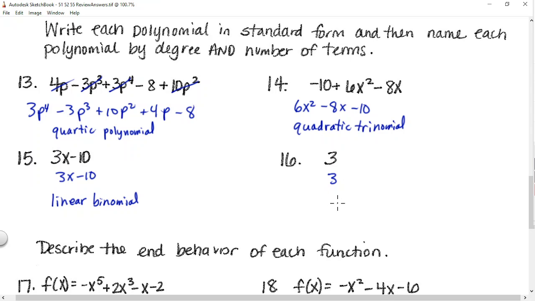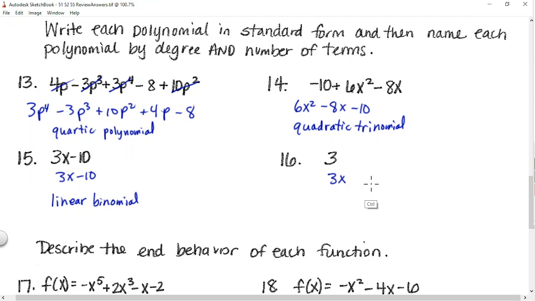It's just that. So what do you call this? What is its name? Well, by degree, the degree of this is, you'd actually say 0. You could write x to the 0 here, right? Because x to the 0 is 1. So that 3 times x to the 0 is just 3 times 1, which is 3.